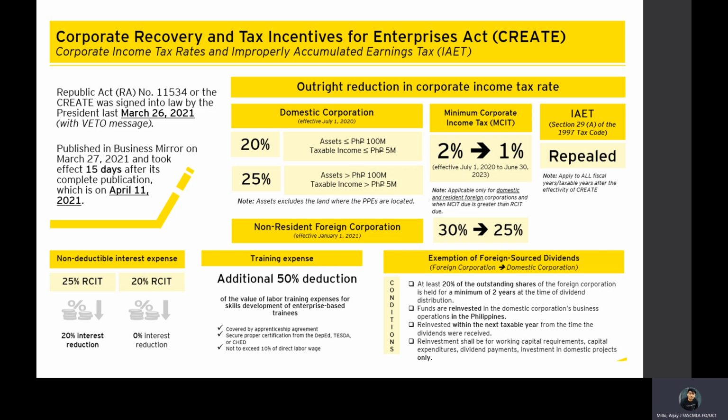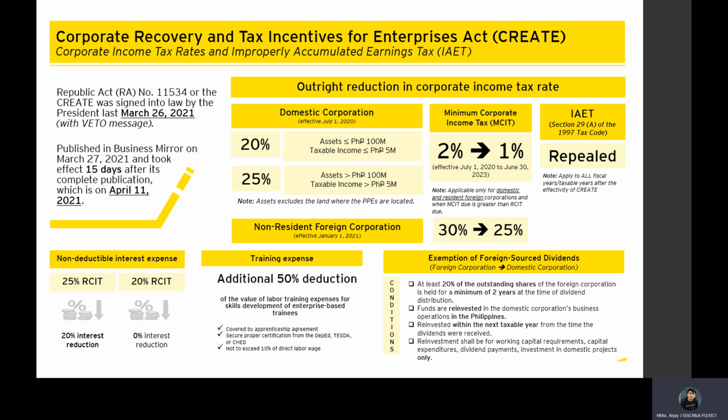And then for non-resident foreign corporation, from 30% na regular corporate income tax rate, they'll be taxed now at 25%. So kung mapapansin nyo, binabaan, no? Binabaan mostly ng rates. Actually lahat binabaan. Yung for domestic corporation and non-resident foreign corporation, even the minimum corporate income tax rate. So binabaan yan.